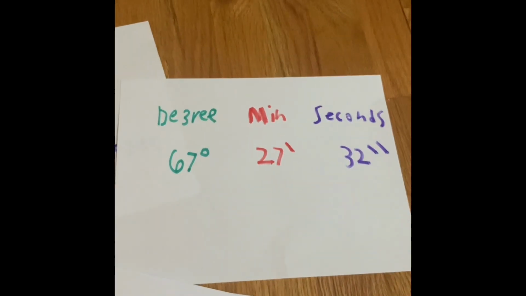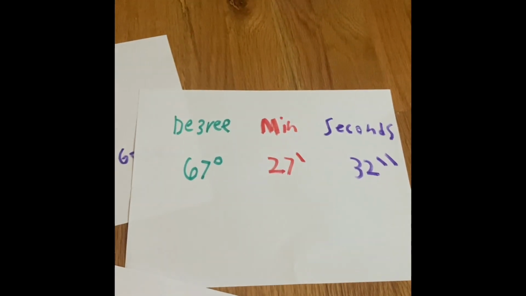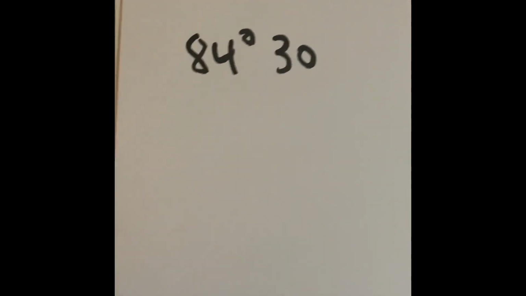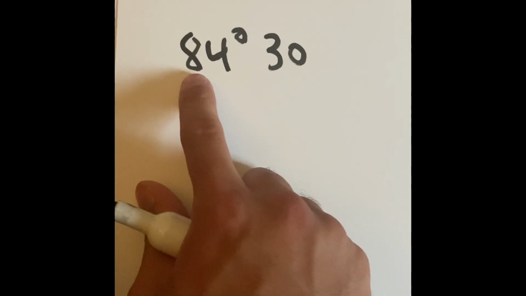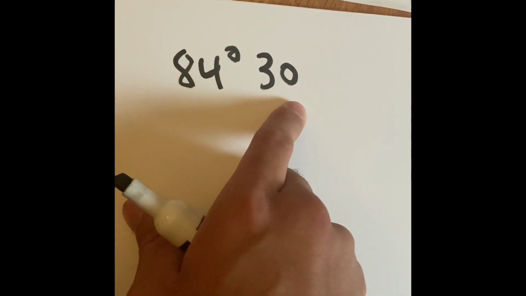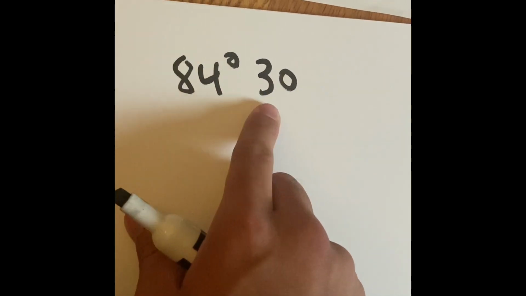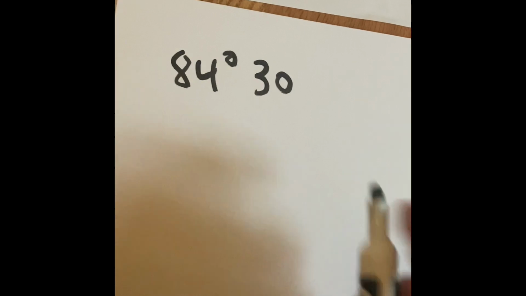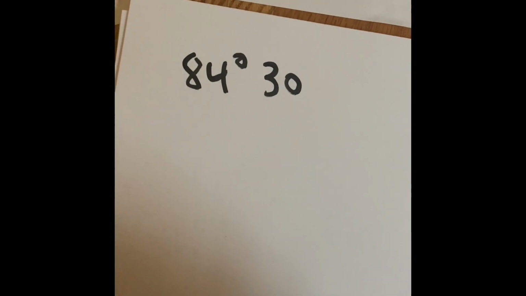Here's an example when we are talking about degrees, minutes, and seconds. If a clock has hands that make an 84-degree angle, and it's 30 minutes, what we're going to have to do is we don't want minutes right now. We're going to try and turn it into a fraction.